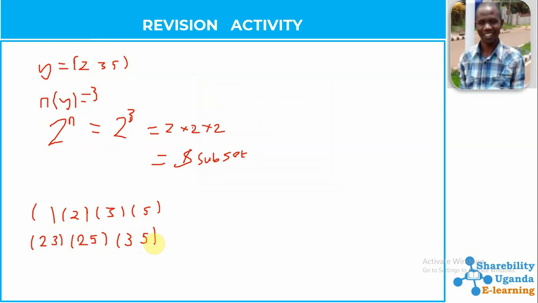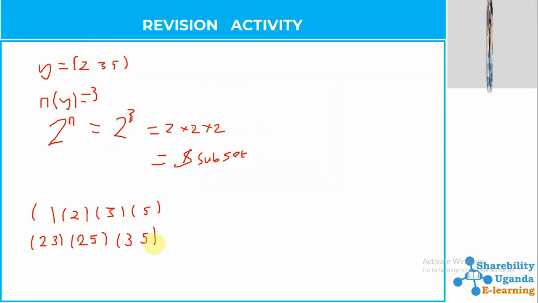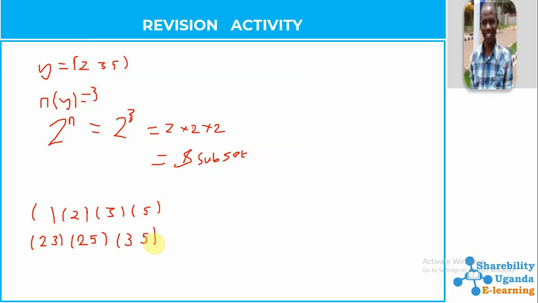So we have been able now to form all the possible subsets within our question. So let's count these subsets and see whether they are exactly 8.